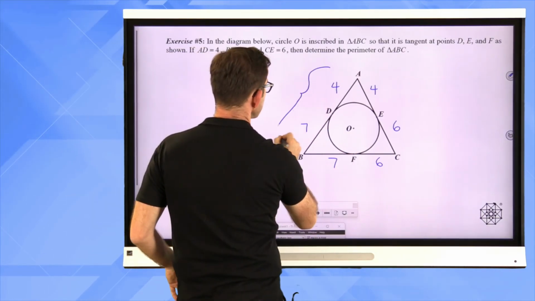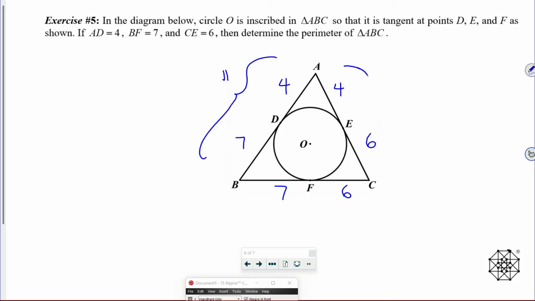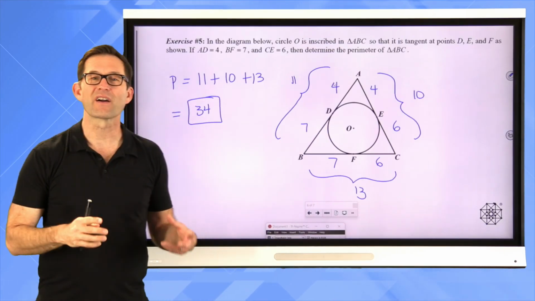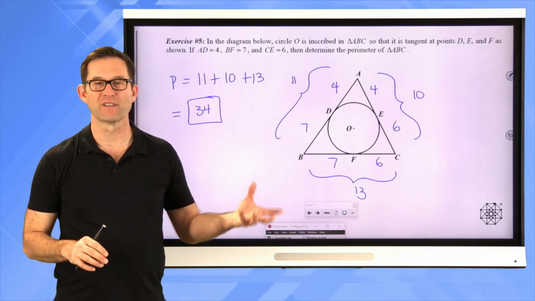That then allows us to say, well, that's got a side length of 11, that's got a side length of 10, that's got a side length of 13. So the perimeter is 11 plus 10 plus 13, which is going to be 34. All right.